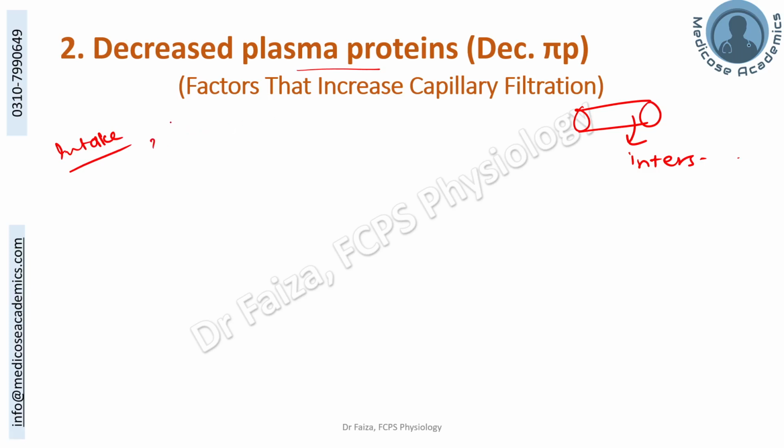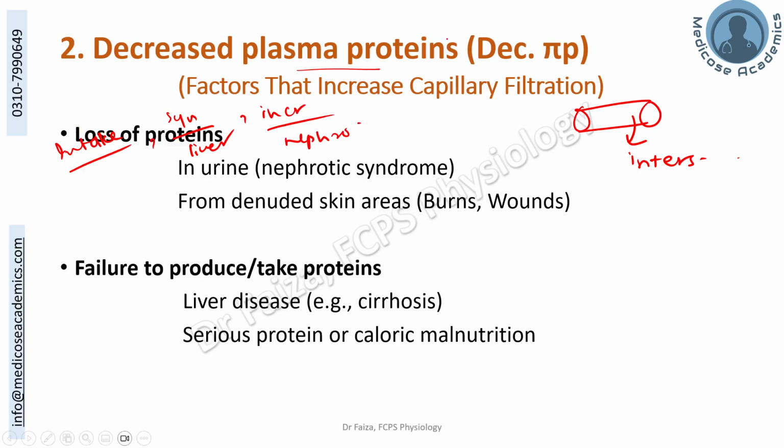Or it can be decreased synthesis in the body, for example, liver failure. Or it can be increased loss from the body, for example, in case of nephrotic syndrome. So any condition which is decreasing plasma protein is going to decrease colloid osmotic pressure and thus lead to extracellular edema. So, loss of proteins or failure to produce or intake proteins.